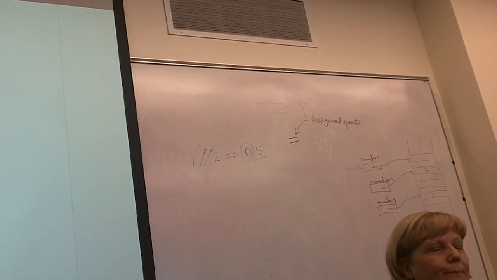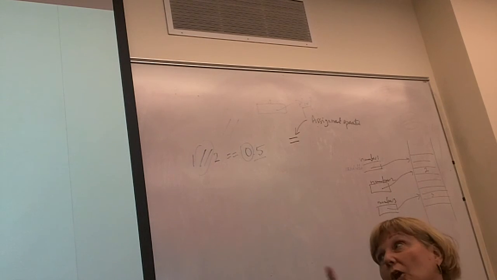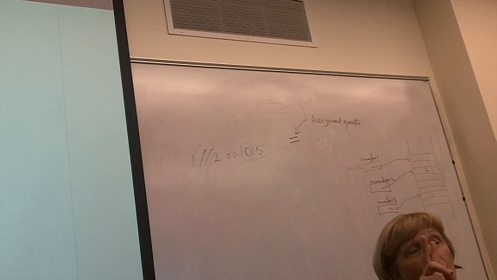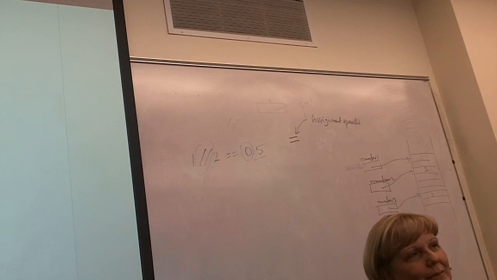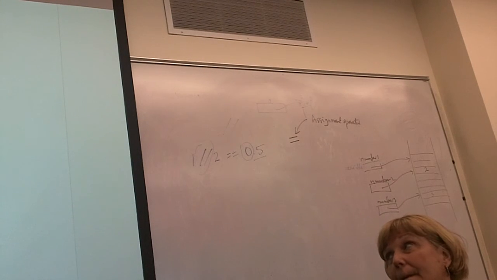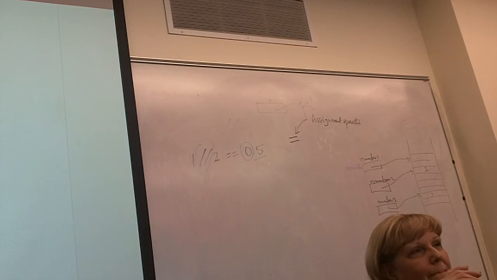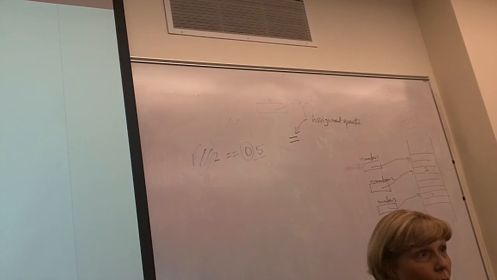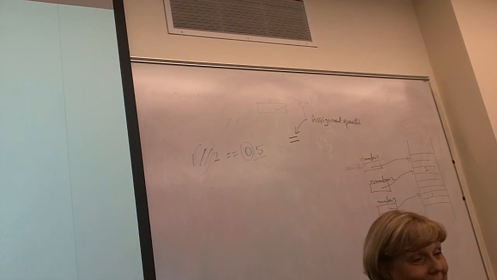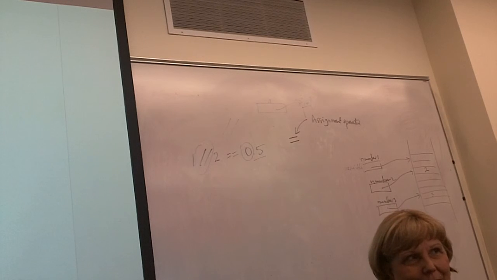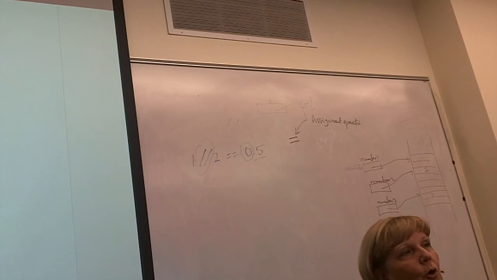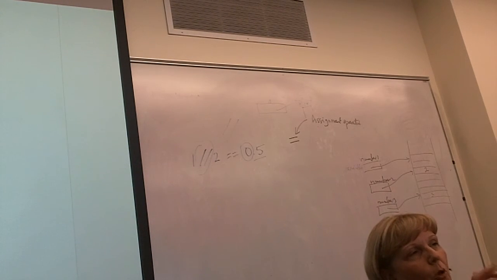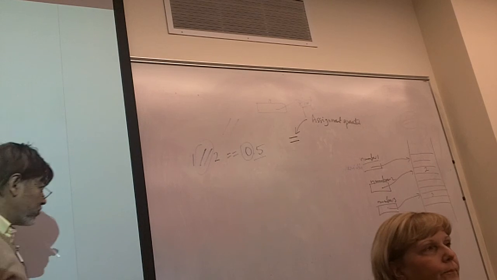What's the difference between the expression 1 over 2 and 1 over 2.0? One has 2 in the denominator, the other one has 2.0. As far as the actual value is concerned, it's the same, but inside the computer it's represented differently. One is a real number or floating point number, as you call it.